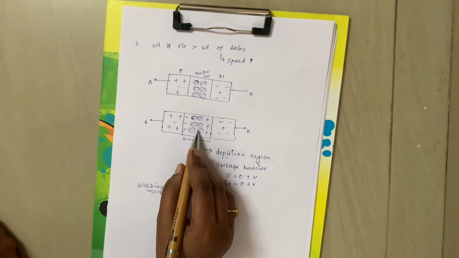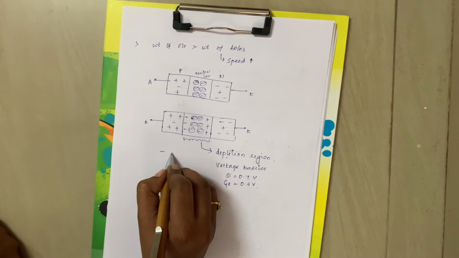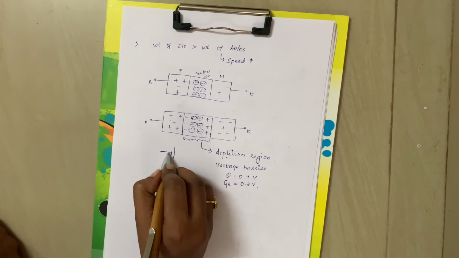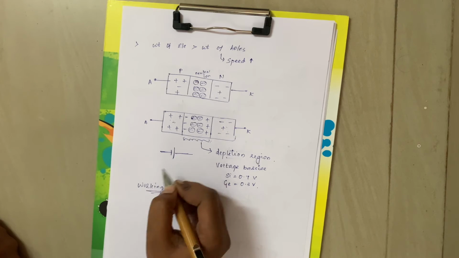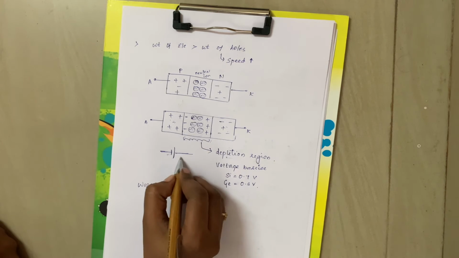So you can also call it a battery, because one end is negative and another end is positive. So this depletion region can also act as a battery.